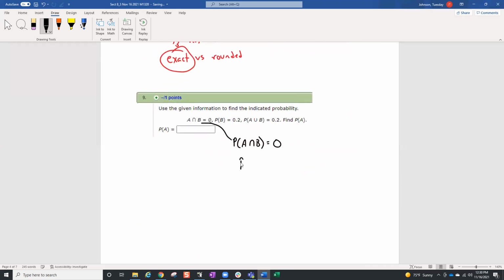The probability of A union B is equal to the probability of A plus the probability of B. Because the intersection is 0, it doesn't matter if I put it on or not. It's just not necessary because it's 0, because these are mutually exclusive. So I'm going to substitute for what I know. I'm going to put an X for what I don't.